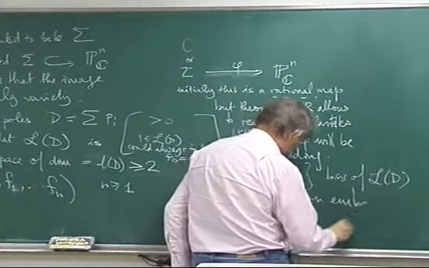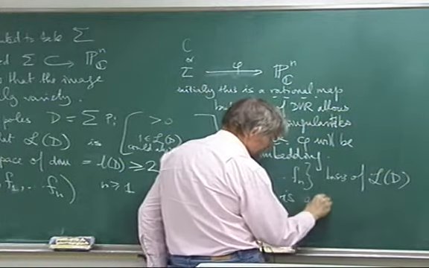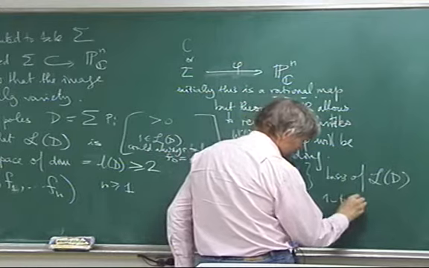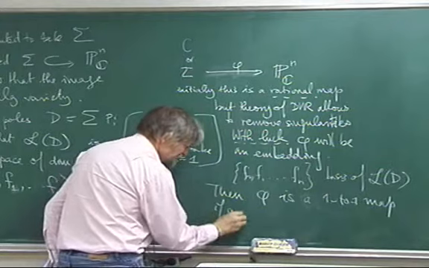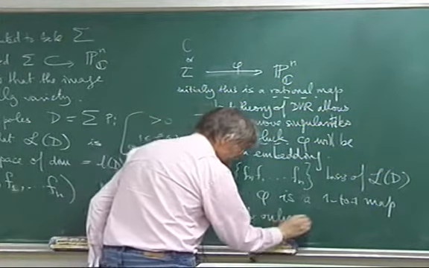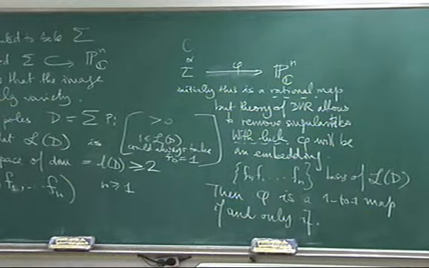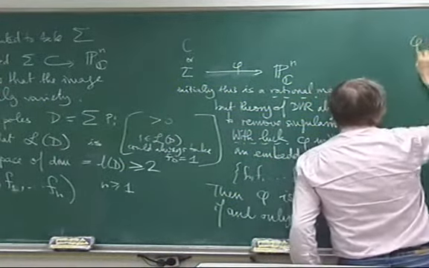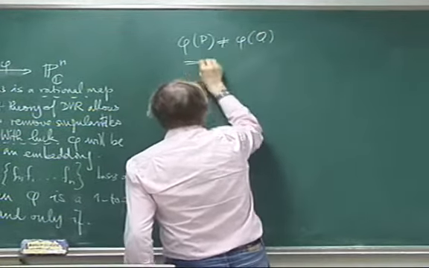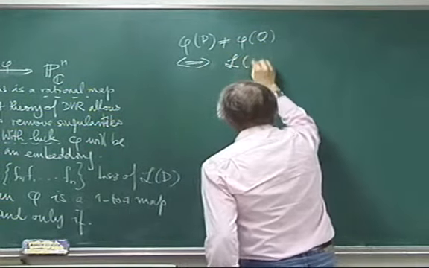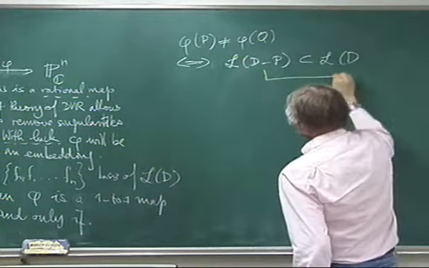Well, let's say phi is a one-to-one map if and only if, well, I want these not to map two points to the same. So I want phi(p) not equal to phi(q), and this happens if and only if L(D minus p) inside L(D) has codimension 2.